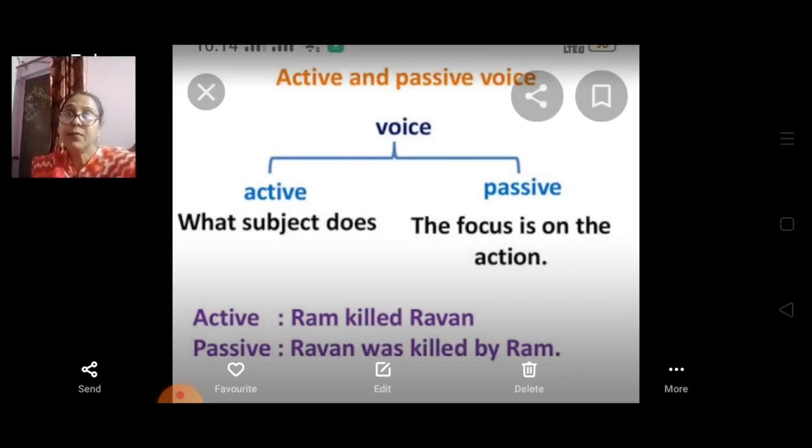Because the active voice sentence is written in the past tense, we change it in passive voice to Ravan was killed by Ram. So we always keep it in mind. Always remember, we should always see in which tense the sentence is written. Then accordingly, we should change it into passive voice.